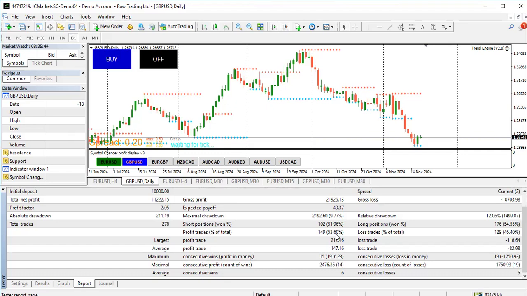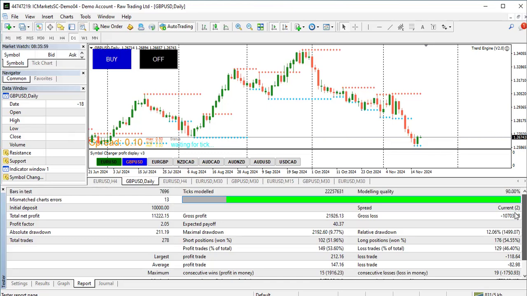So it's not like it has one outstanding win rate, but what happens is it's able to ride a trend for a bit of time, right? Which enables it to capitalize on those moves. So great returns, if you ask me.